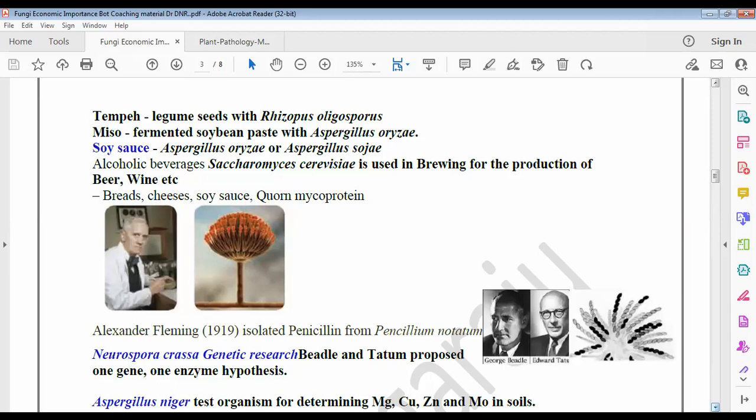The disease name is downy mildew, caused by Plasmopara viticola. Because of this single fungus, the whole of France starved for three years, 1885 to 1887.